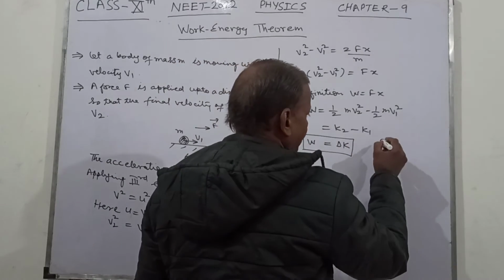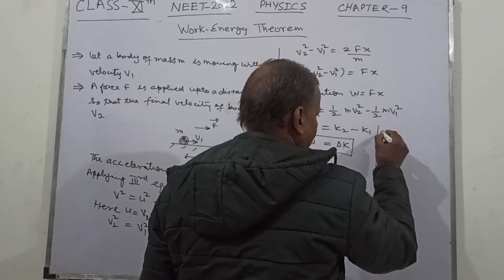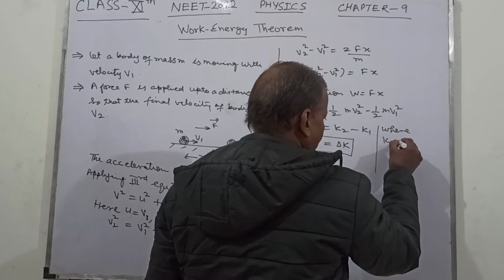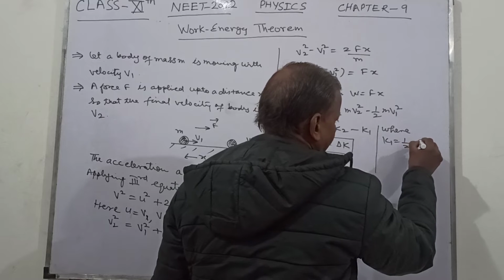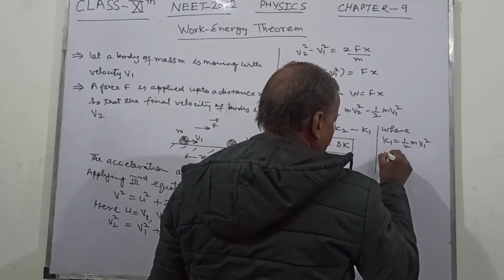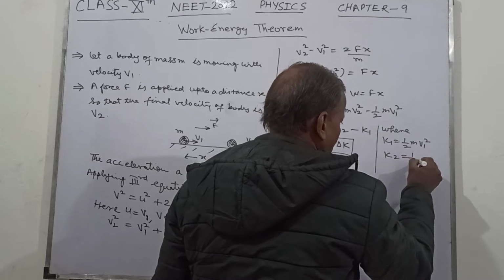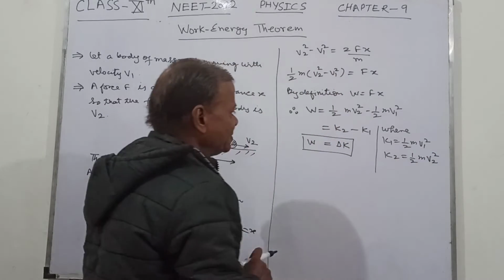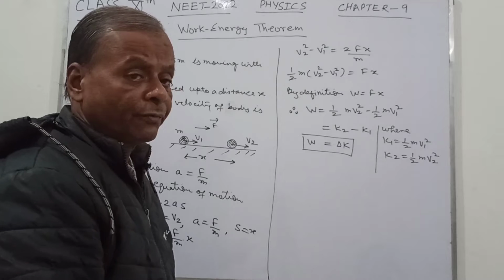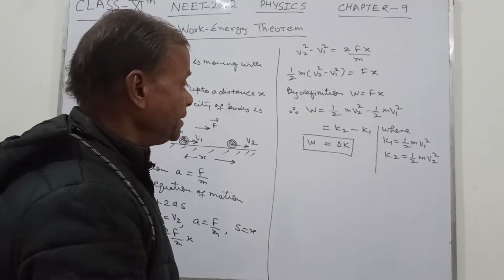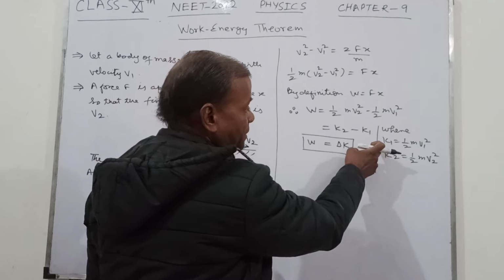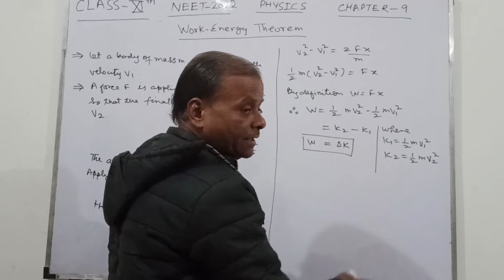Where K1 equal to half m v1 square and K2 equal to half m v2 square. So you will find that this is the change in kinetic energy. Delta K is the change in kinetic energy. This is the initial kinetic energy, this is the final kinetic energy.